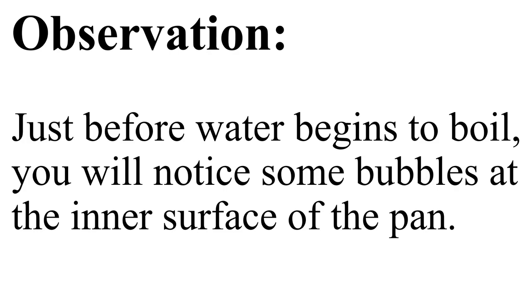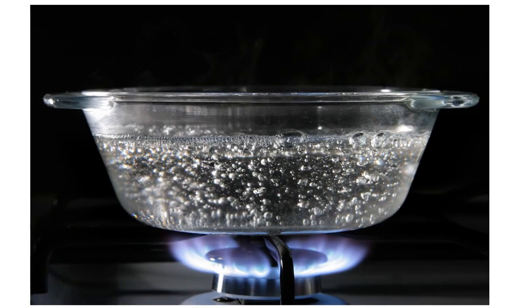Observation: Just before water begins to boil, you will notice some bubbles at the inner surface of the pan or vessel. Tiny bubbles in the inner bottom surface of the tumbler can be easily seen when the water is kept on the burner to boil.